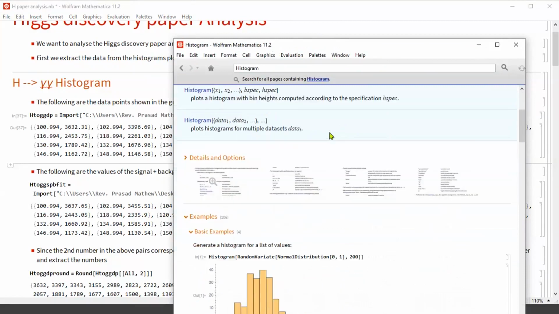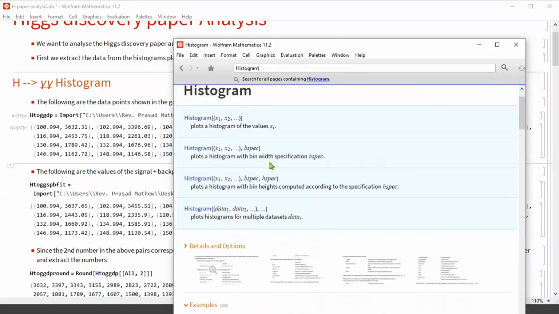For each of these, I actually need data which it will then compile into a histogram. The third option plots a histogram with bin heights computed according to the spec.